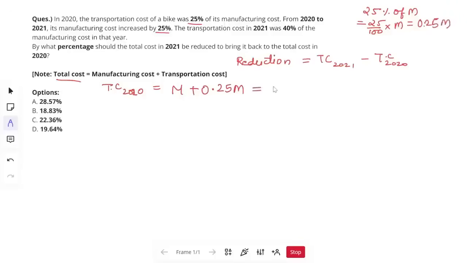If we simplify it, we will get 1.25 M. That is the total cost in 2020.